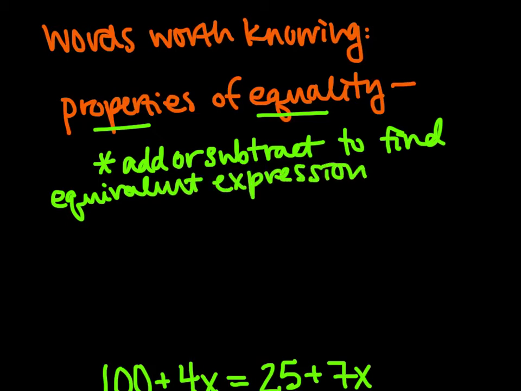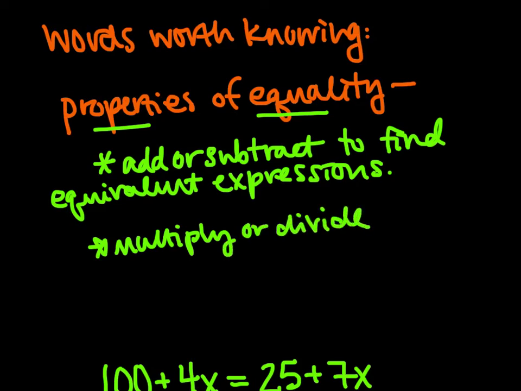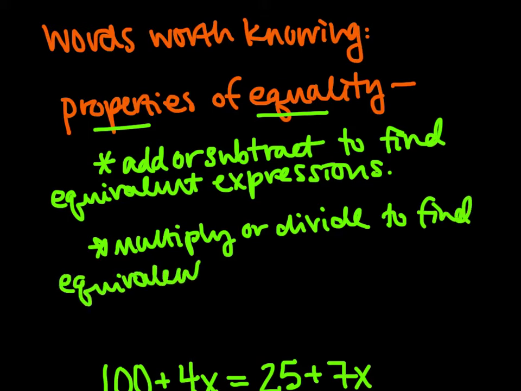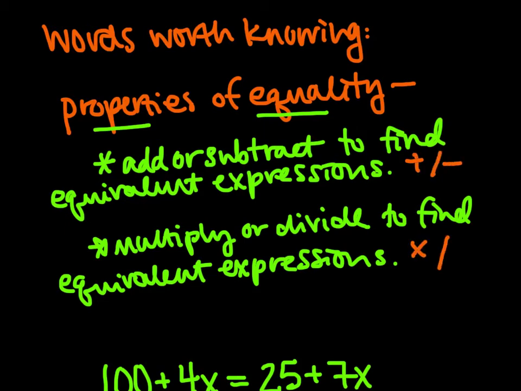And then the other part of this is we can also multiply or divide to find equivalent expressions. So we can do a couple of different things. We can add or subtract, which are opposite operations, or we can multiply or divide to find equivalent equations.